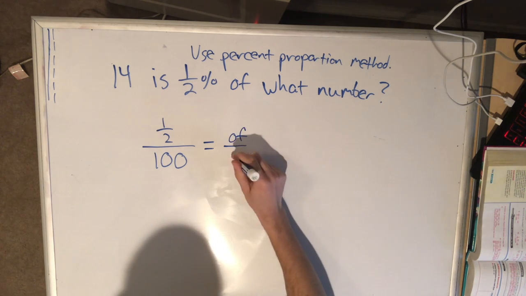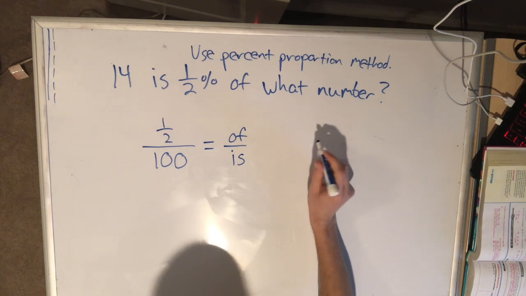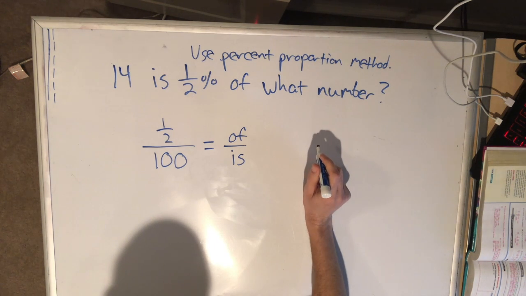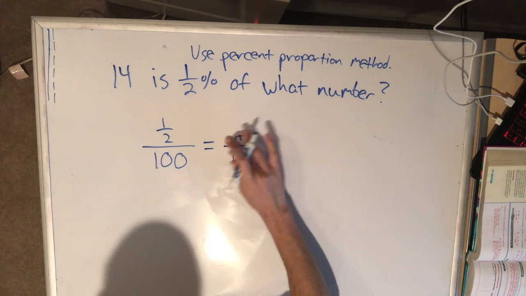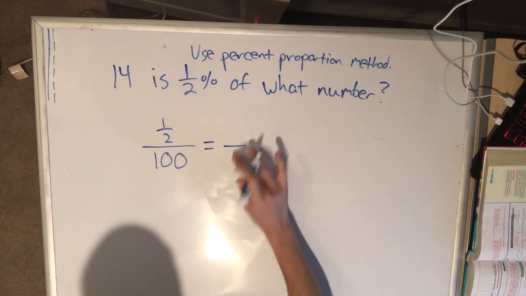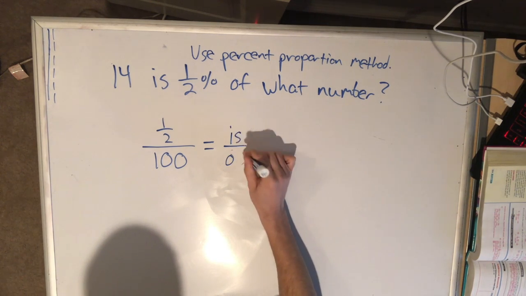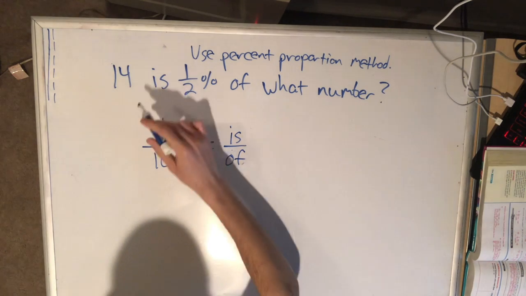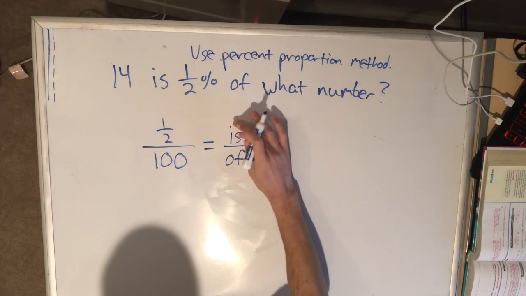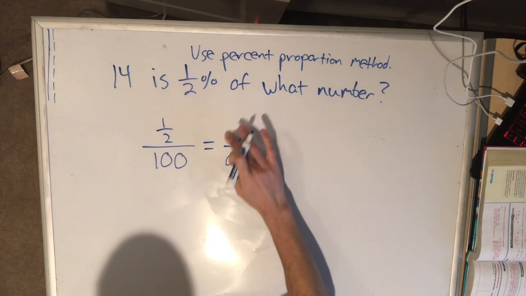It's always of over is. Actually, sorry, no, it's the is number over the of number. So the is number in this case is 14, so let's replace is with 14.